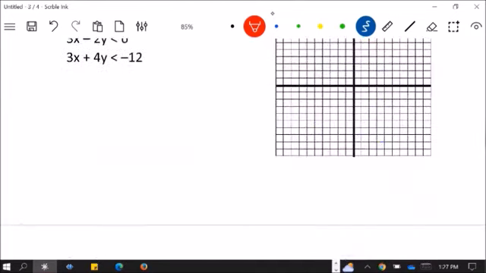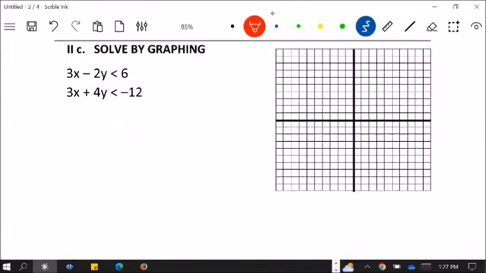Okay, let's take a look now at this next one. Same exact idea. Let's change the forms, let's graph them. And so this first one becomes y equals 3/2x minus 4.